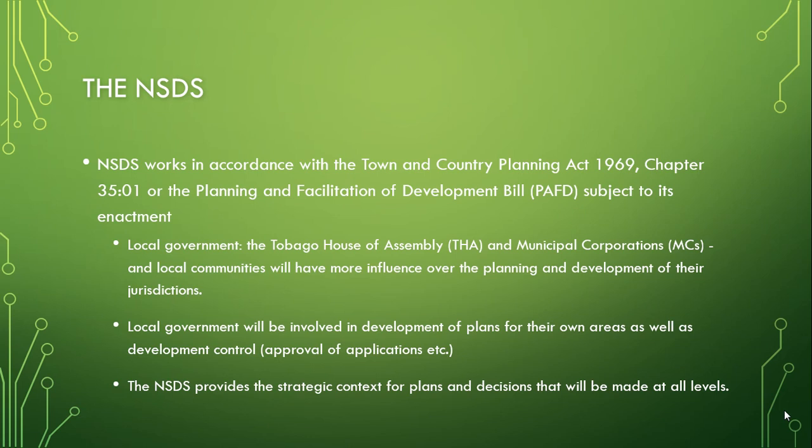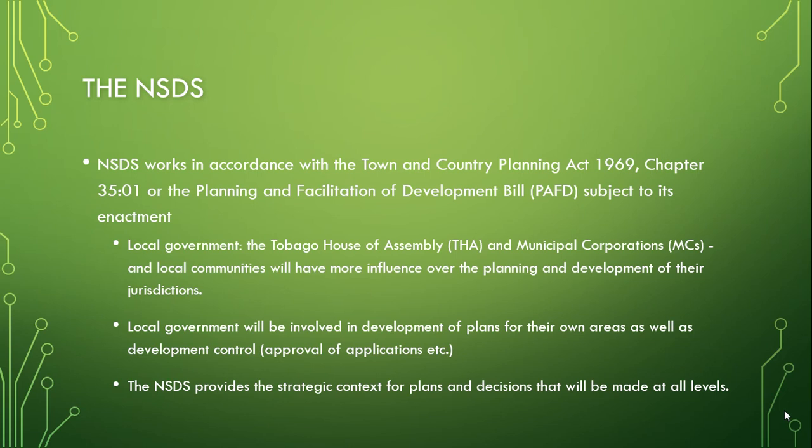So remember, the NSDS is a framework or guidelines based on the high level vision for the national development. Okay, and in terms of development control at the local government level, an example of this may be the approval of applications for development.